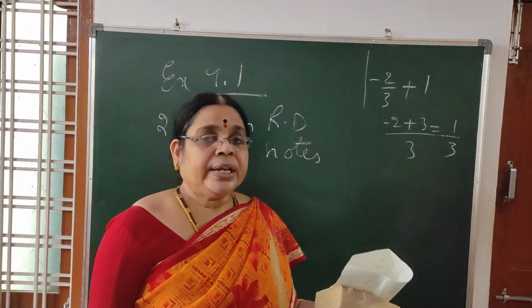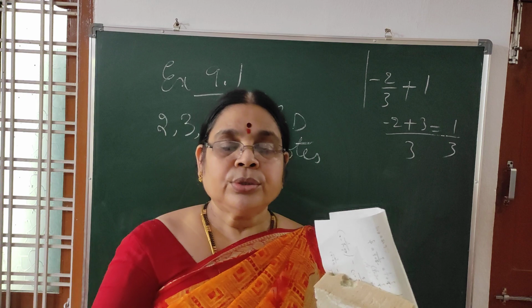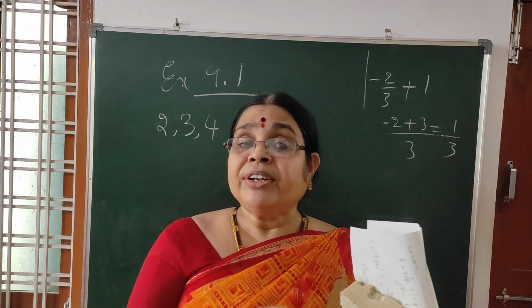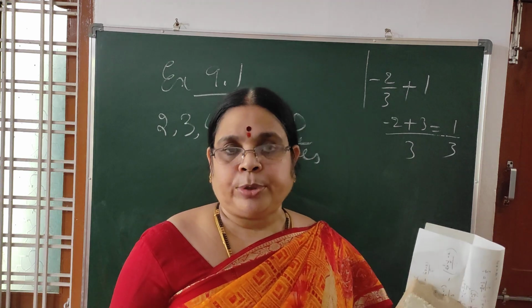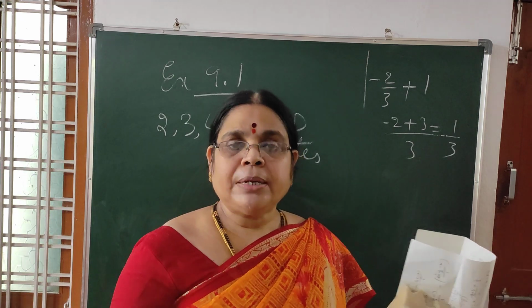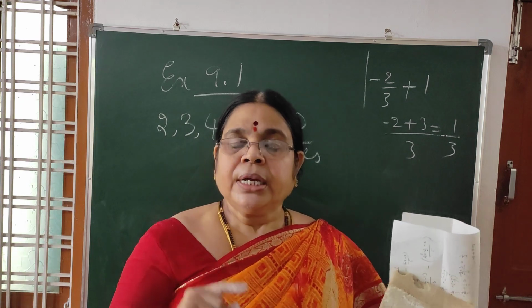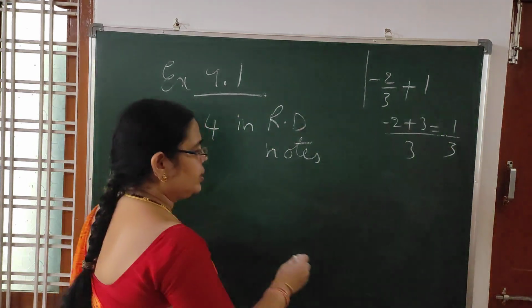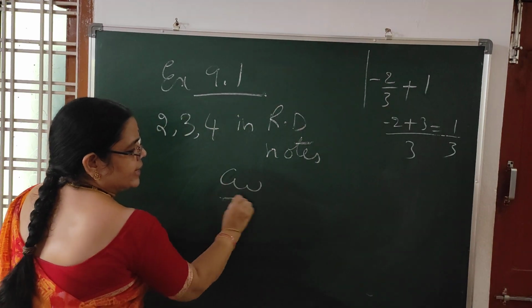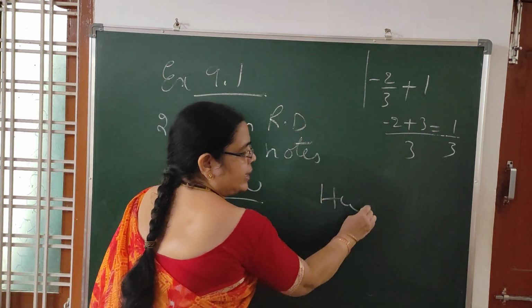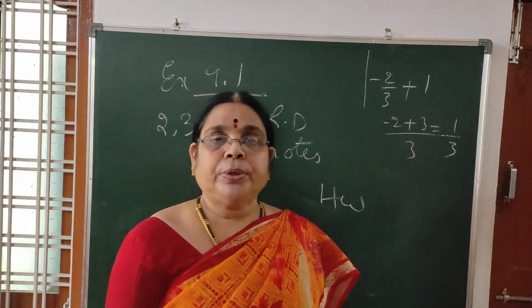See, in the beginning of the year we told you that you got 4 books for maths: 1 for classwork, 1 for homework, 1 exclusively for RD problems, and 1 for fair notes. So for RD problems, all classwork and homework you have to do in only 1 book. Whenever you do classwork, put the heading classwork, and whenever you do homework, put the heading HW, and carry on in one notebook only.